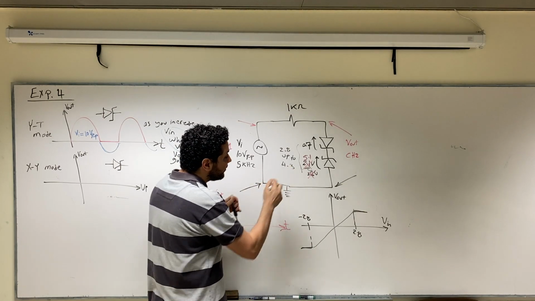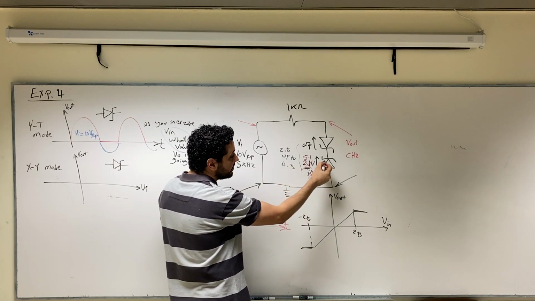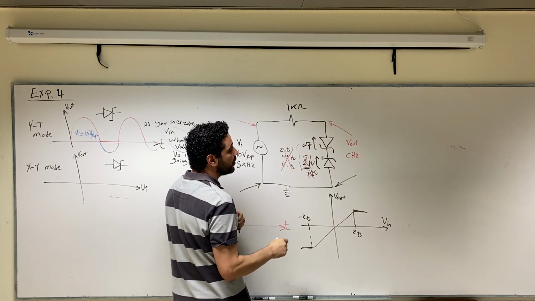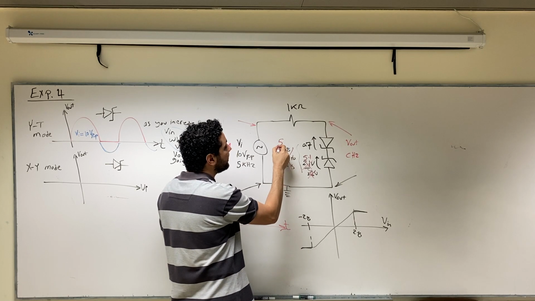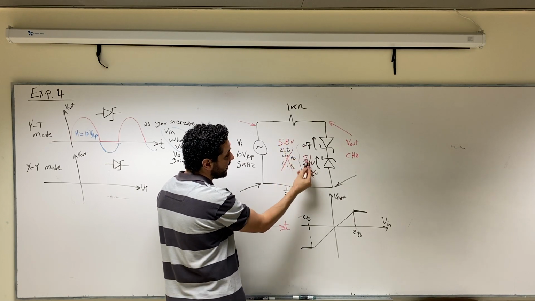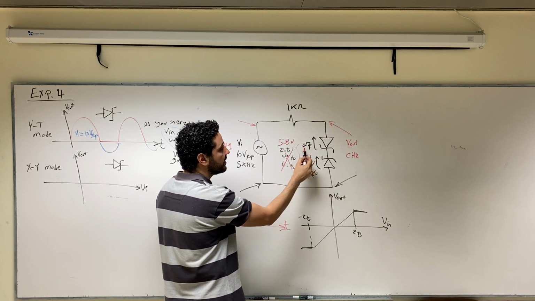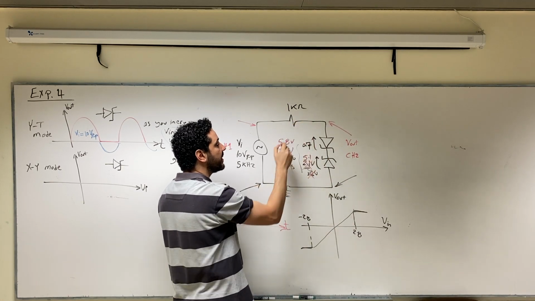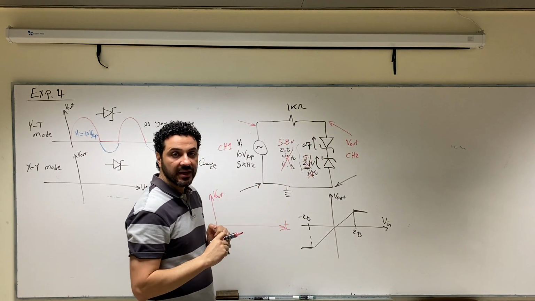In this case, in order for this branch to operate, we will need around 5.8 volt in total: 5.1 to break down this diode and 0.7 to operate the other diode in the forward region.